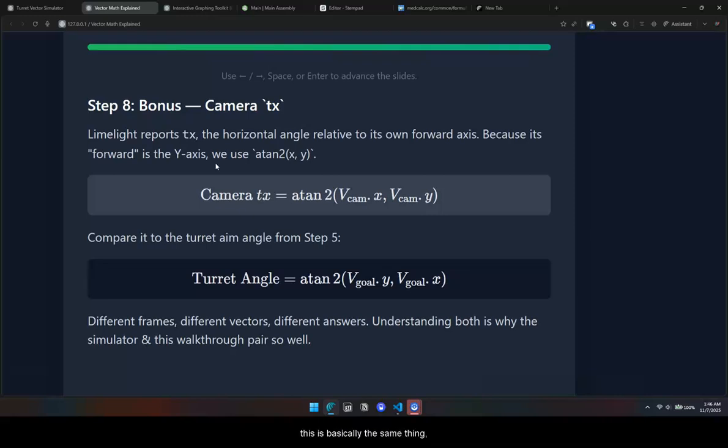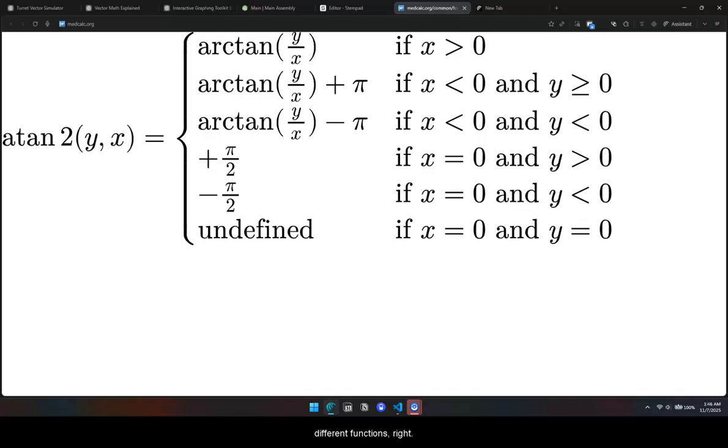This is basically the same thing, but atan2 is basically a combination of different functions, right? This is a piecewise function, okay? So atan2 looks at quite different stuff. If x is greater than 0, then it just takes a normal arctangent. If x is smaller than 0 and y is smaller than or equal to 0, then it does the same arctangent function, which is just tan inverse.